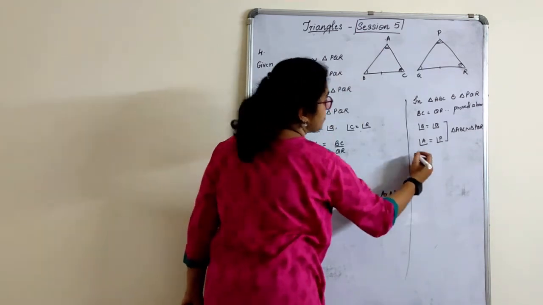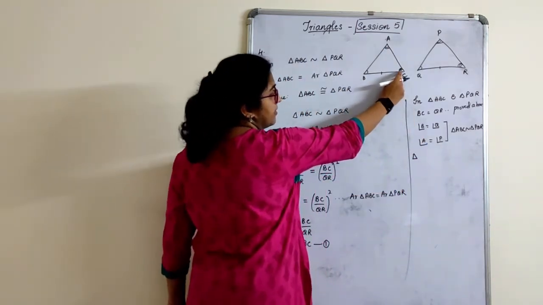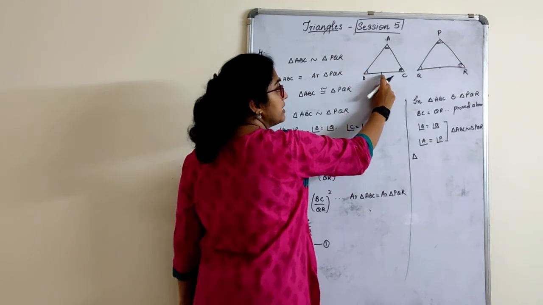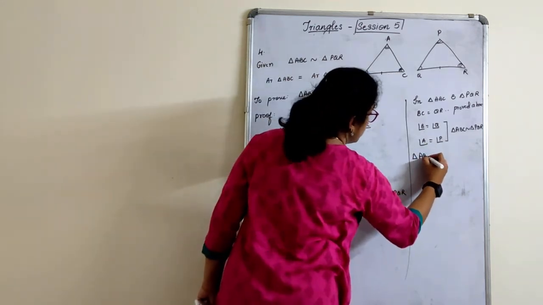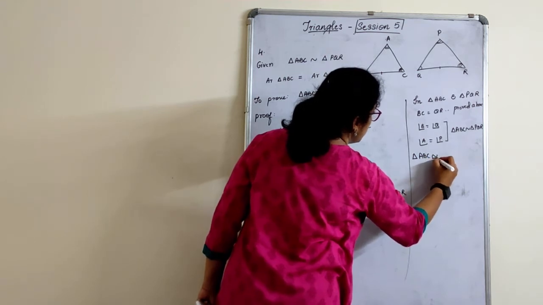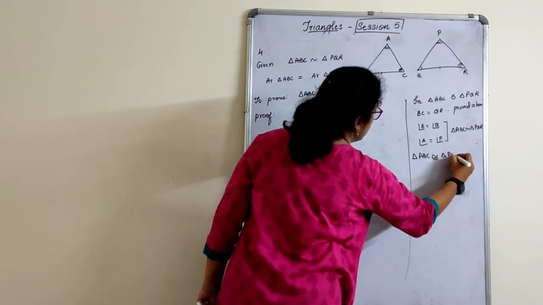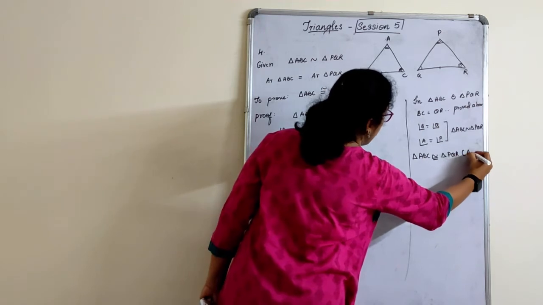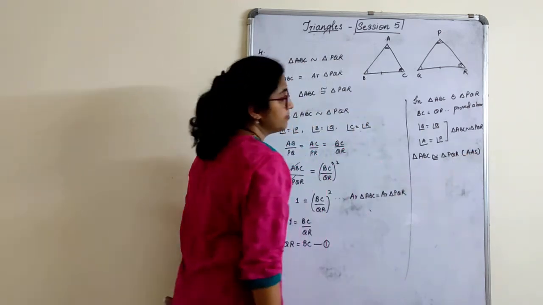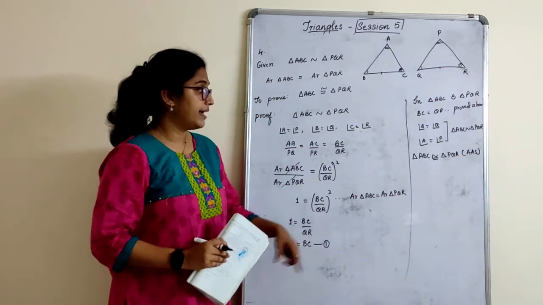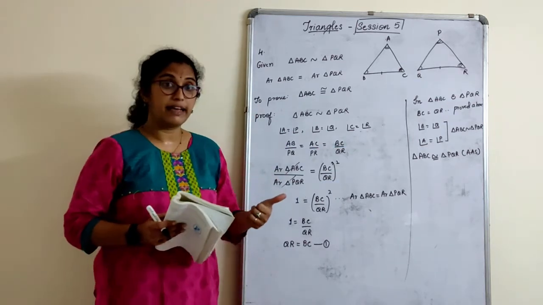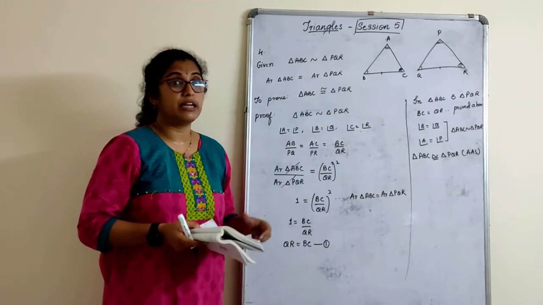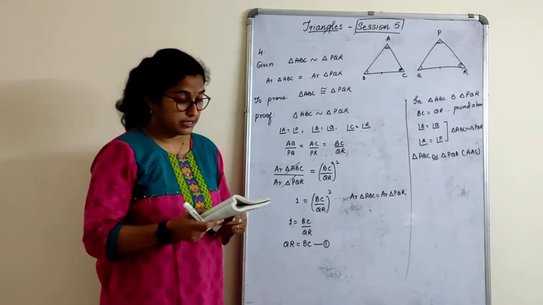Angle, side, or if this angle was chosen, angle, side, angle. Depends on what angles you choose. Triangle ABC is congruent to triangle PQR by angle, side congruence rule. Right? So it's a congruency we have proved here from similar triangles and the areas of the similar triangles, taking those two concepts.